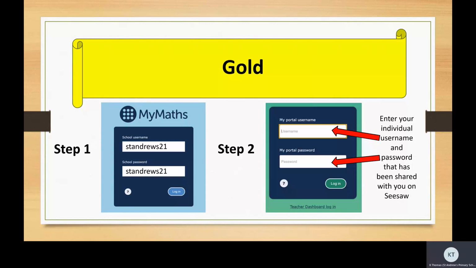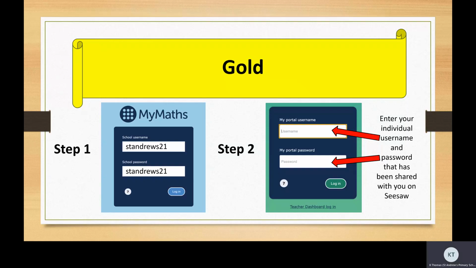So when you click on that link and you get onto the My Maths login page, it's really important that you remember that it is a two-step login. The first step is where you will see the blue My Maths page and you have to type in the school username and the school password.